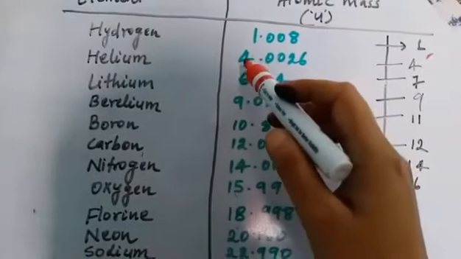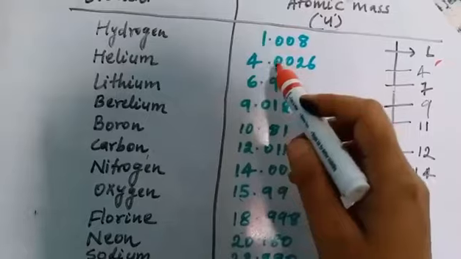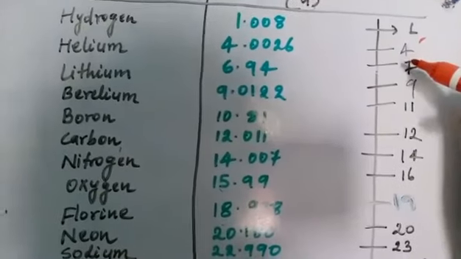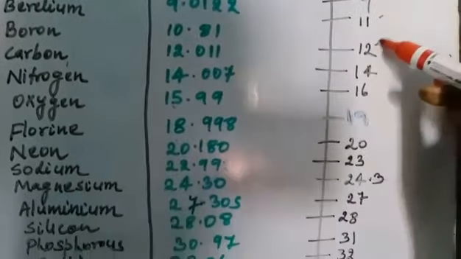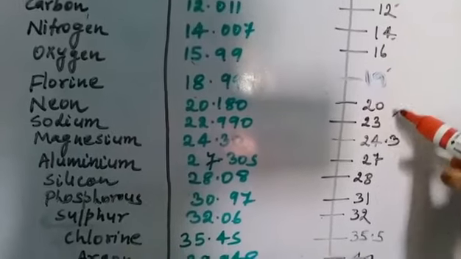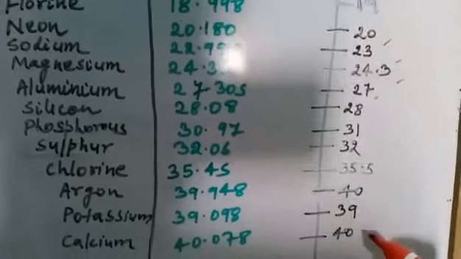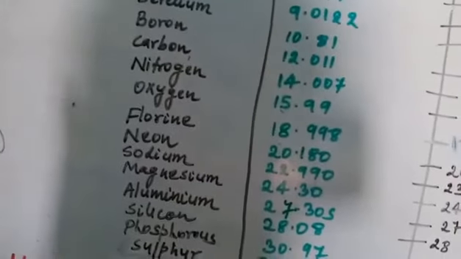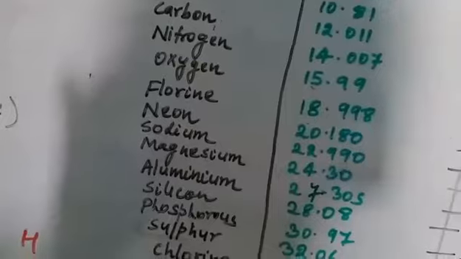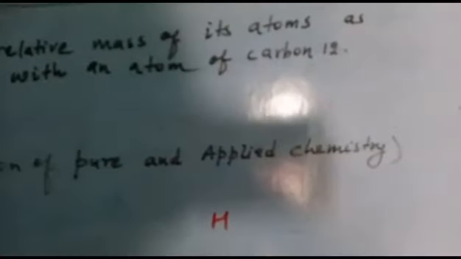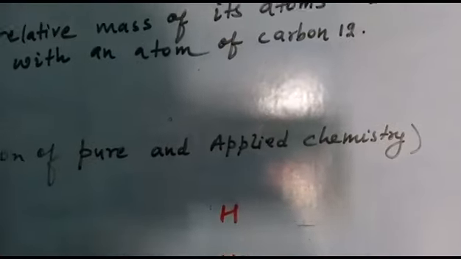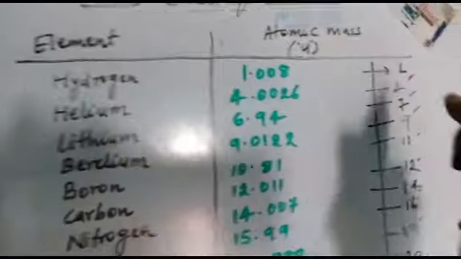For helium we do not write 4.0026 but we write 4. How does this value come and from where has it come, all these things we will study in the next chapter. But now, if you have to show the atomic mass on the symbol, then we will use these values.